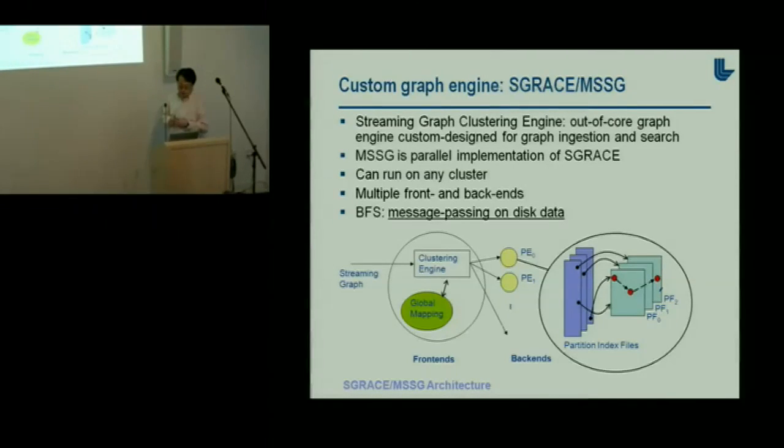It turned out to be good. Running a graph search algorithm works the same way as a message passing algorithm, except that we read the data from the disk instead of memory.